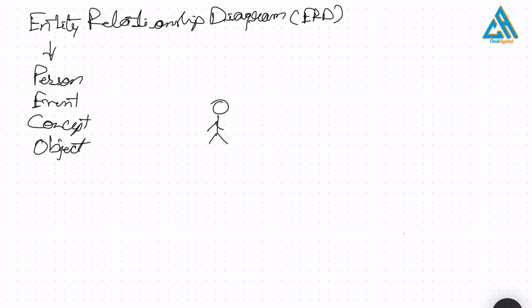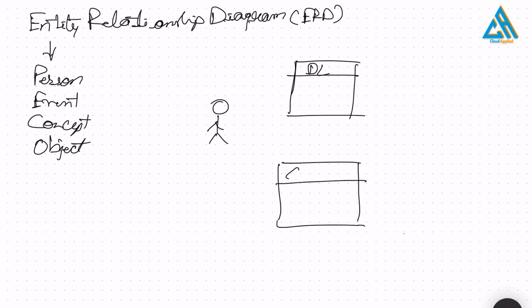So in this case, let's take an example. There is a user. So this is an entity. There is an object called driver's license. There is another object called cars. And there is another object called registration.